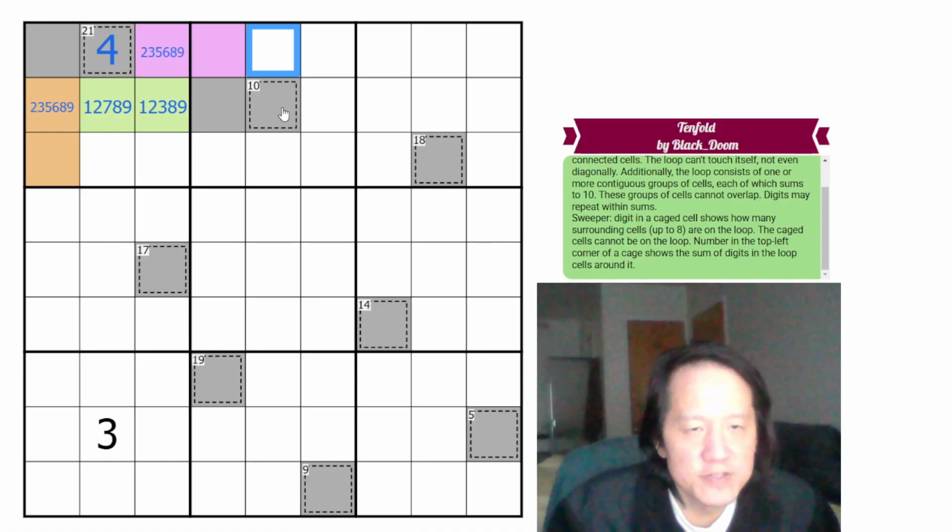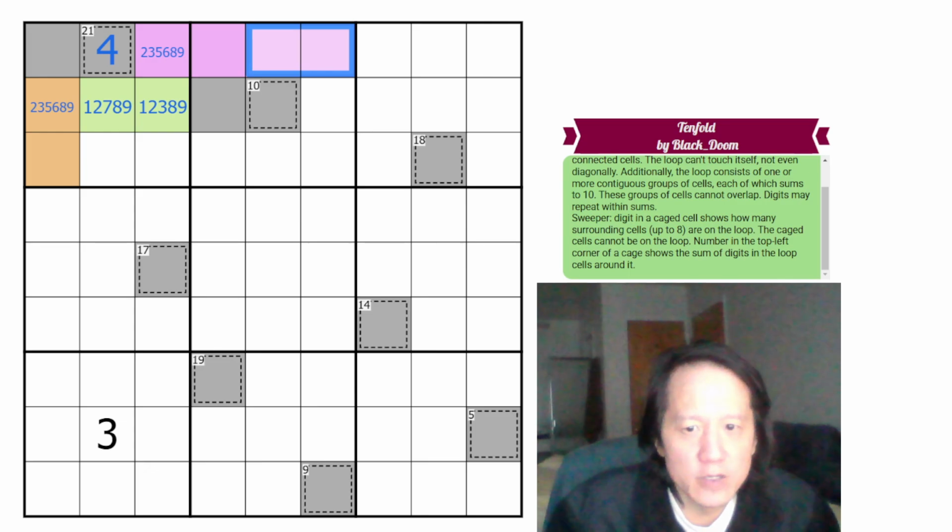We don't know if this is the same set. What we do know is that the surrounding cells add up to 10. So it could go here. It has to continue here. We just don't know what color it is.